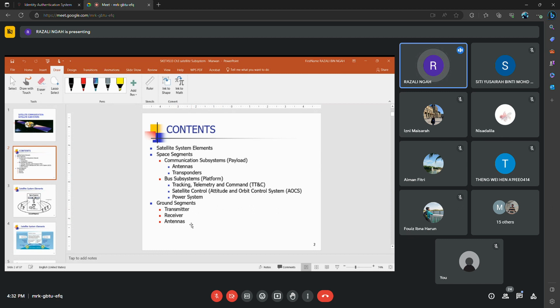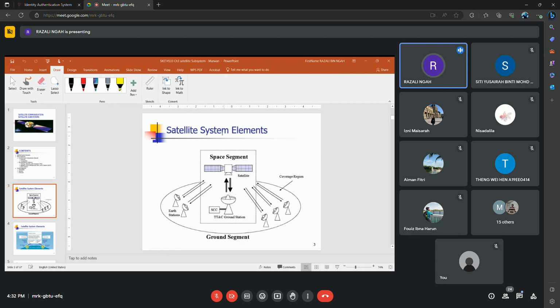But if we take the example of a satellite mobile telephone, the ground segment, our handphone, consists of a transmitter and receiver, and of course an antenna. So that's the overall satellite system. We have the space segment and the ground segment.